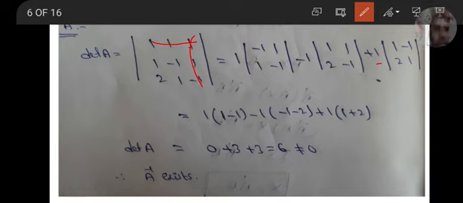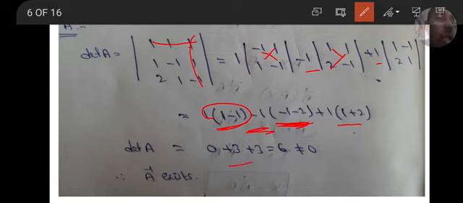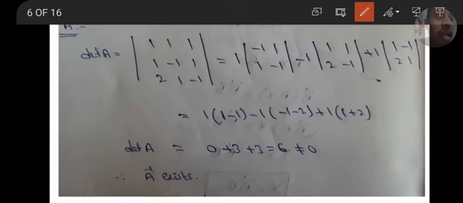Using AD minus BC: 1 into minus 1 minus 1, that is minus 1 minus 1, which is minus 2. Minus 1 into minus 1 minus 2, that is minus 3, minus 3 into minus 1 is plus 3. Plus 1 into 1 plus 2, which is 3. So 3 plus 3 is 6, which is not equal to 0, therefore A inverse exists. If the determinant is 0, A inverse does not exist.